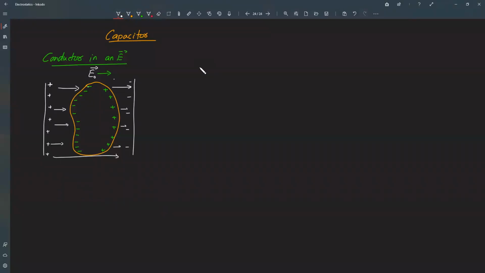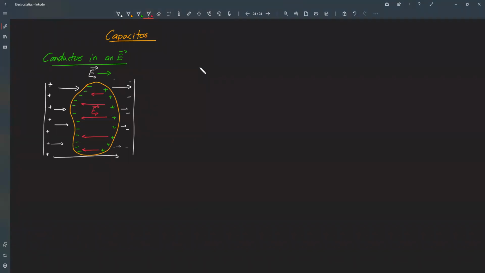Now the same charge separation is inside the conductor as well, and due to that there will be a field inside the conductor as well, from positive to negative. And what do we see here? This electric field is in the direction opposite to the direction of the outer field, right?